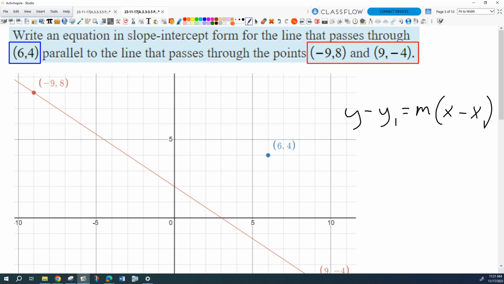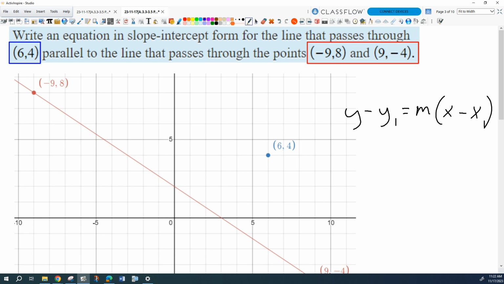We have some stuff we can already plug in. What can we plug in? Okay, yeah, so what are x1 and y1? It has to be a point on our line. So it's got to be 6 and 4, right?